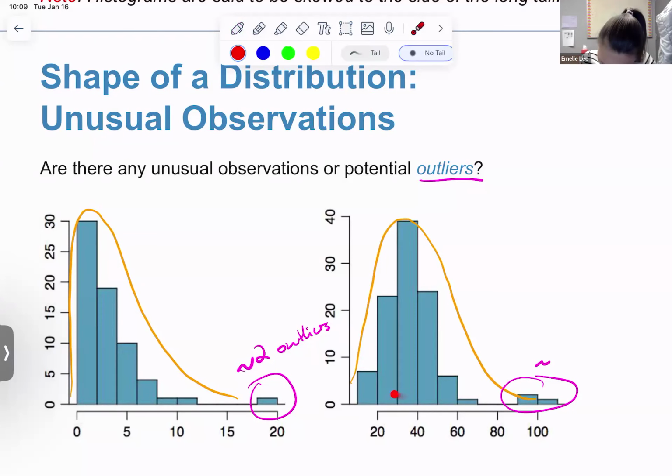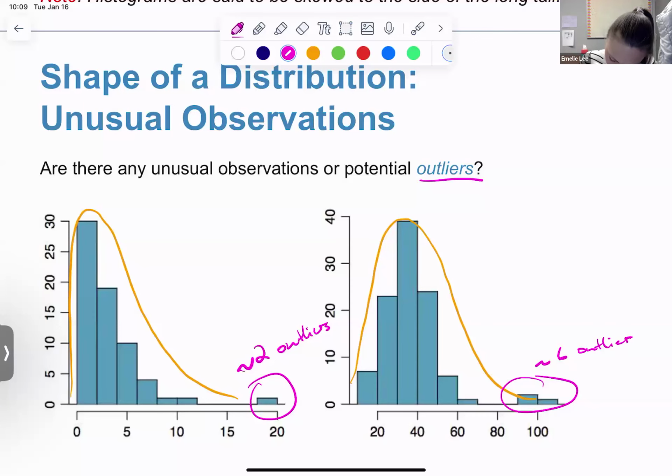I don't want to get too caught up in here, but maybe that's 4, so roughly 6 outliers, potentially. So a bigger group of outliers, but that's fine. And so what you want to talk about are outliers, which are extreme values.